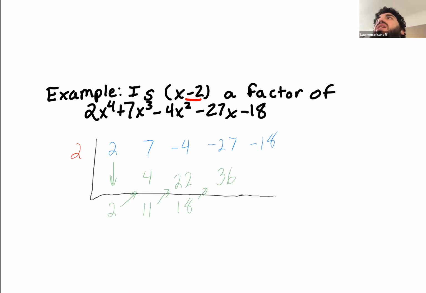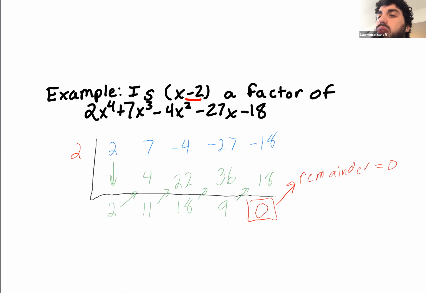Negative 27 minus 36 will give me negative 63... sorry, negative 27 plus 36 will give me 9. 2 times 9 is 18. And negative 18 plus 18 is 0. So I'm going to say remainder equals 0. X minus 2 is a factor.